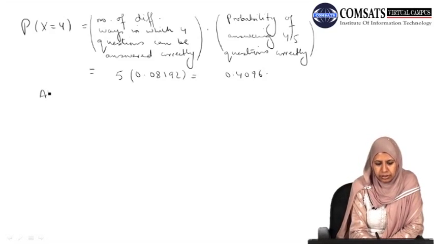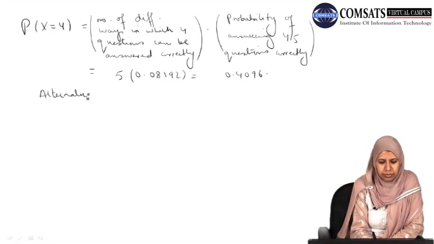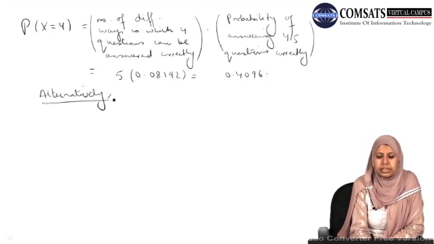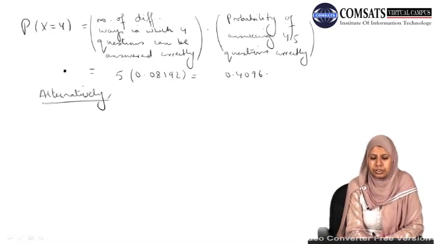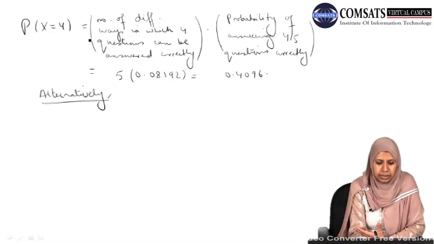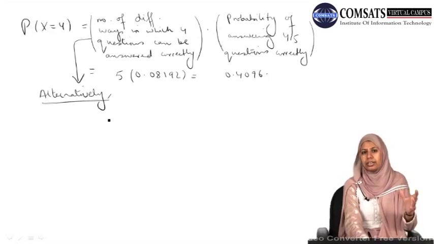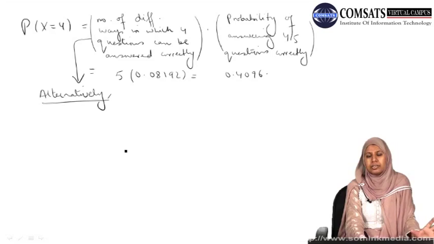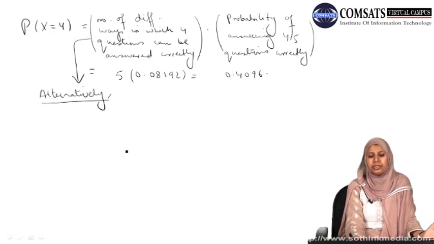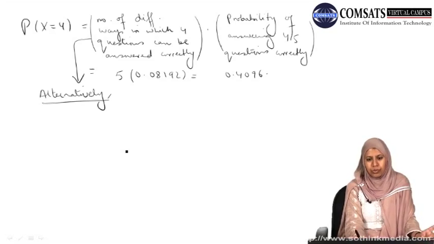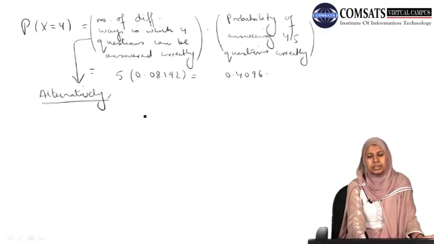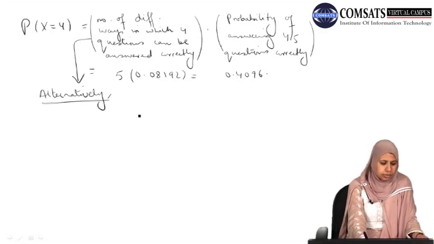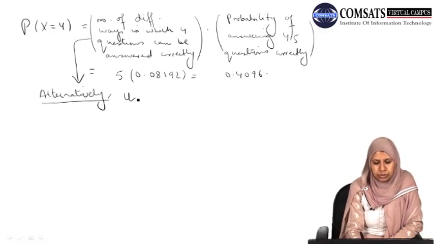Now alternatively, to find the number of ways in which 4 questions can be answered correctly, since the order does not matter here, the arrangement of the questions or the answers obtained does not matter. We are only interested in knowing that 4 answers are correct and 1 is false. So we can also use the combination, because the order does not matter here.